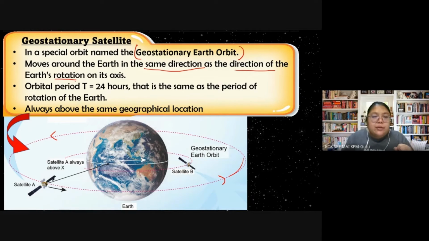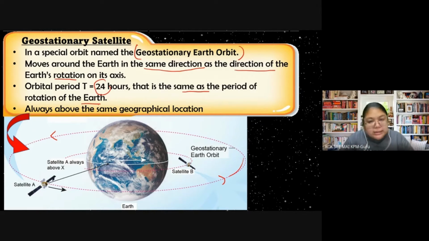Then we go to number 3. Orbital period is 24 hours, the same as the period of the rotation of the Earth. It is like the Earth, rotating once in 24 hours, exactly the rotation of the Earth.